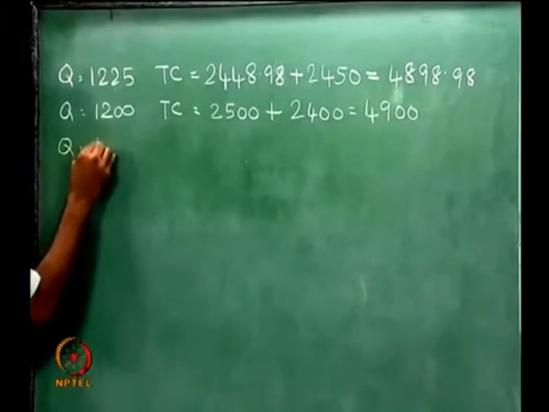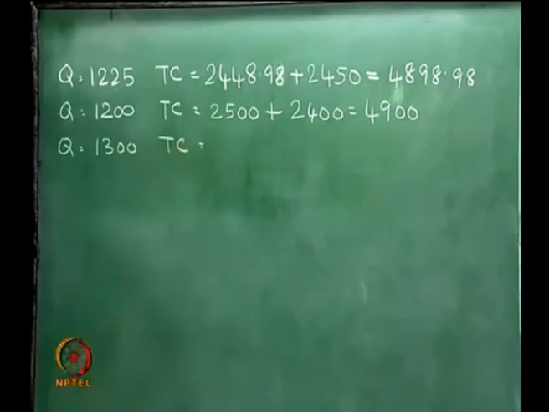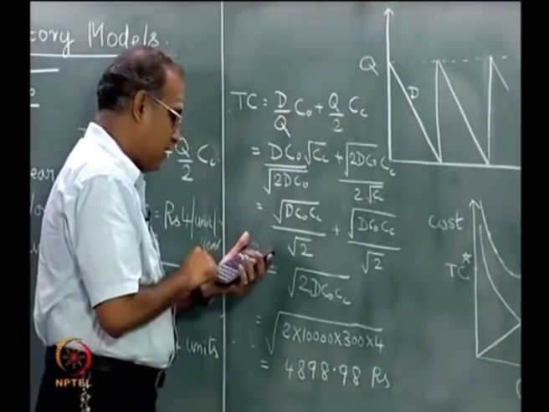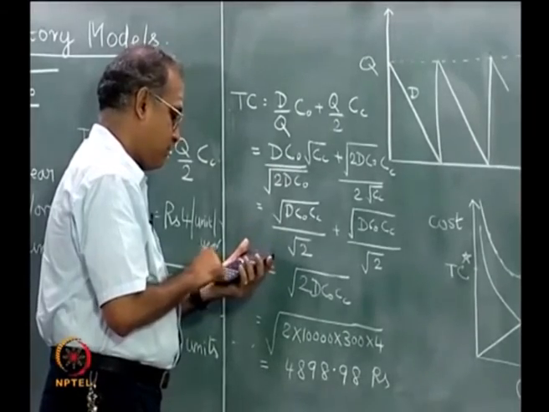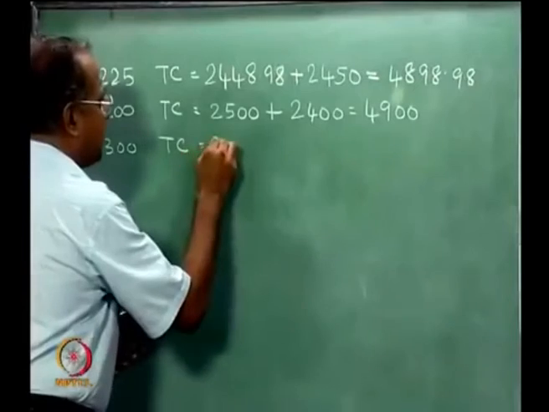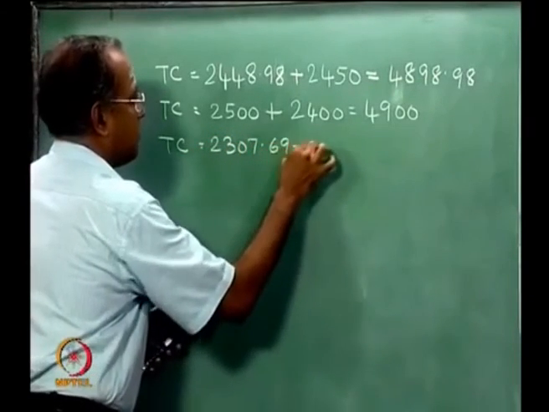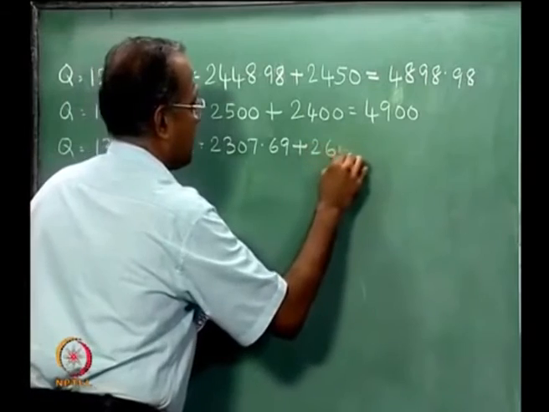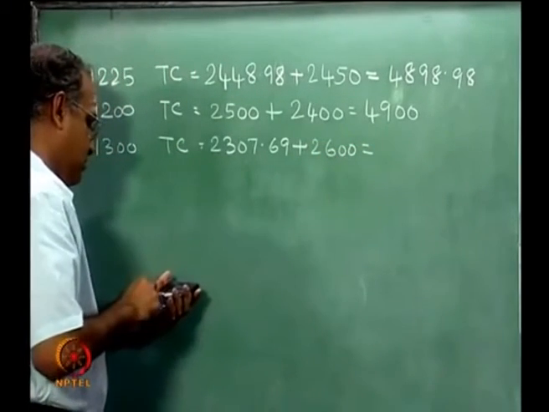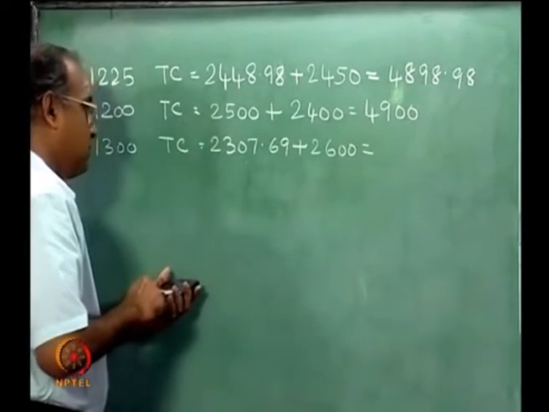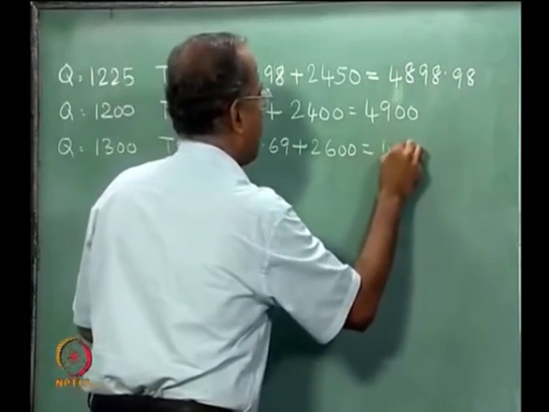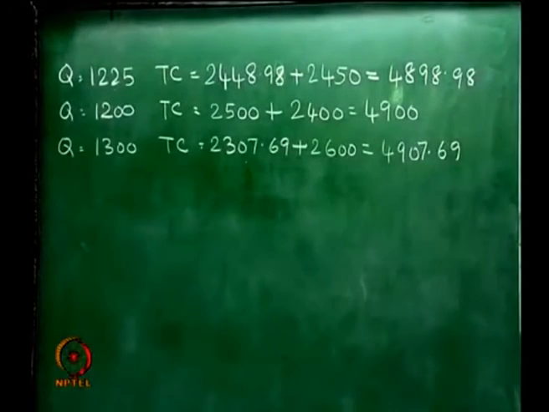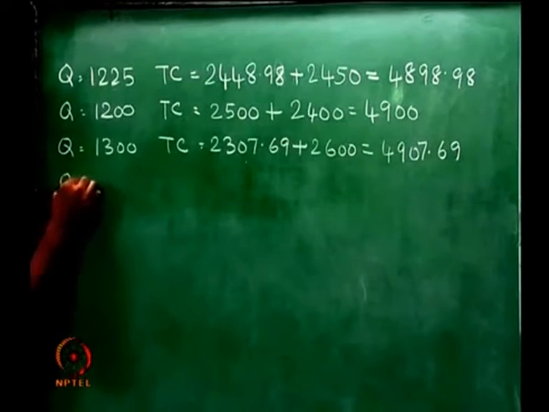Now, if q equal to 1300, TC is equal to 10,000 into 300 divided by 1300 plus the carrying cost, which becomes 4907.69. Let us just look at two more calculations.